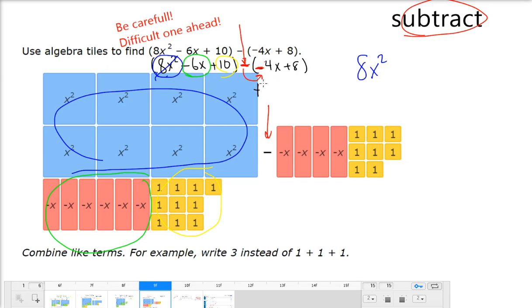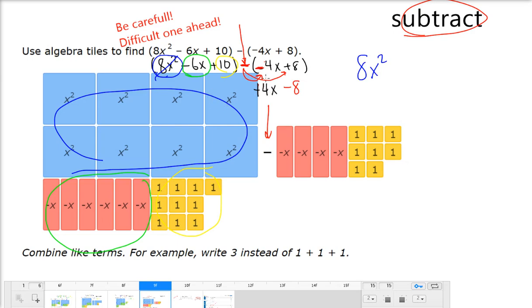Let's distribute the second one as well. What is the opposite of a positive 8? The opposite of a positive 8 is going to be negative 8. So when we subtract, we're actually doing the opposite of whatever is in the parentheses.